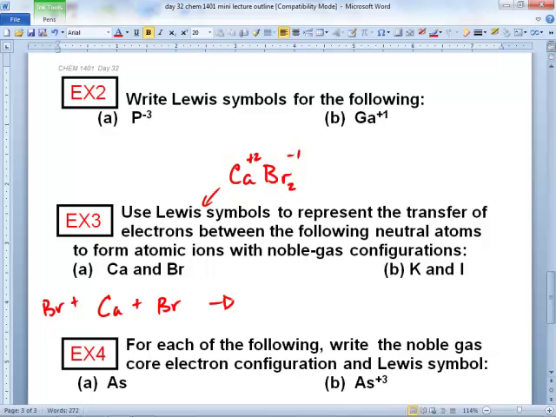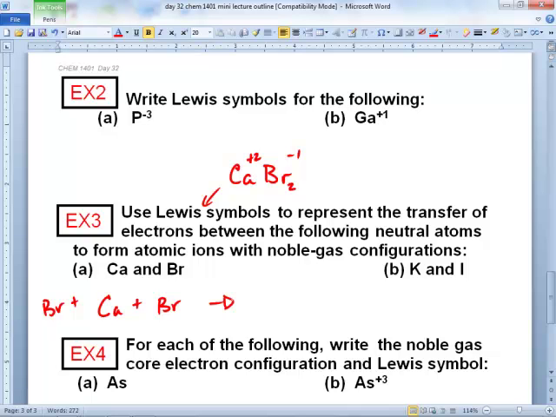So on the reactants, just write them out in their Lewis dot, in their neutral form. The Lewis dot structures for bromine, calcium, and then bromine again. And put calcium in the middle. So bromine has 7.